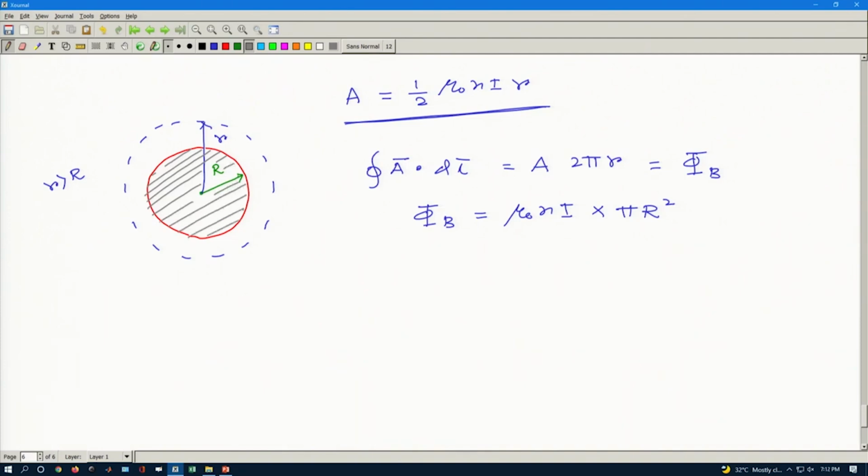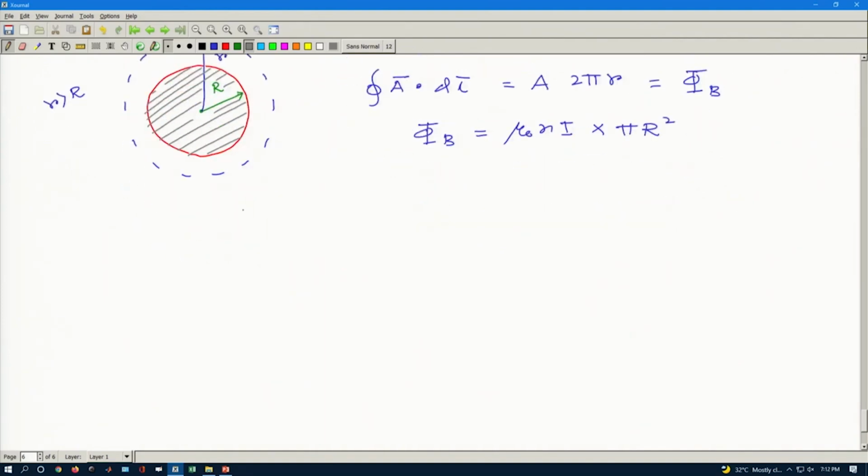So, the area will be this one. Now, if I calculate A out of that, 2 pi r times A is mu 0 Ni times pi R square. So, pi is going to cancel out, and A should be simply half of mu 0 Ni times R square divided by r.